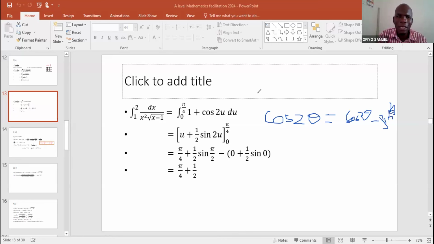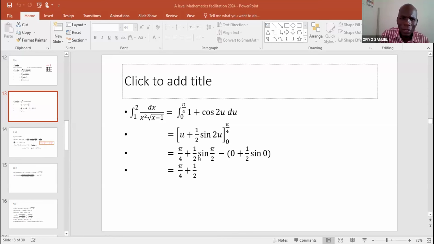From here you can express it depending on the need. However, if you have an odd power of cos and sine, you will use Pythagorean identities. That is the difference between the two.